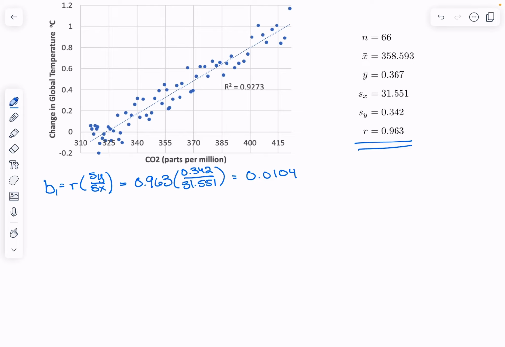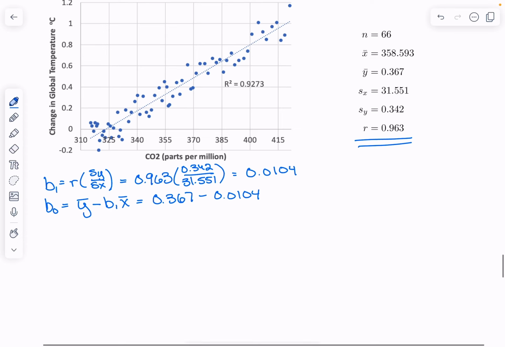Okay, so that is our slope, and our intercept in this case is going to be y bar minus b1 x bar. So y bar is 0.367, that's the average global temperature change, minus the slope, 0.0104. You might be curious about what the units are.